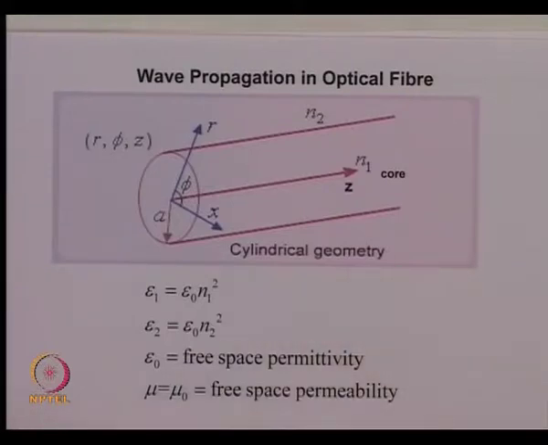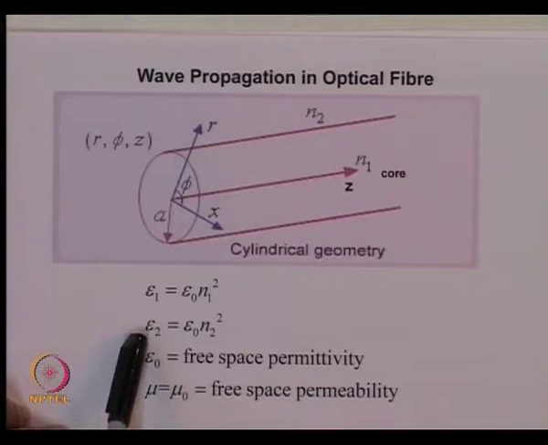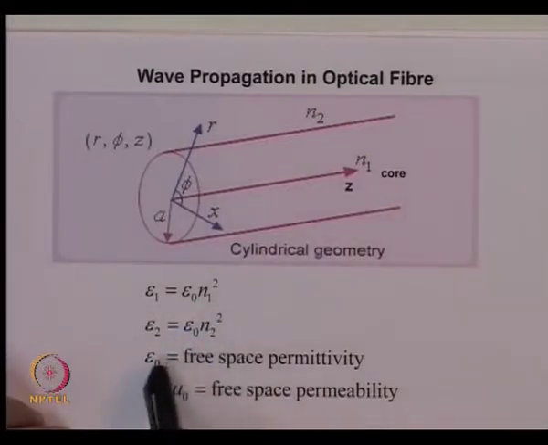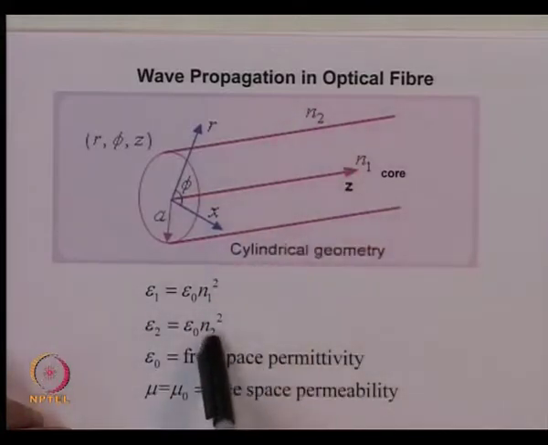When we analyze wave propagation, normally we write the wave equation in terms of the permittivity and permeability of the medium, and that is the reason we write here epsilon 1, which is the permittivity of medium 1, which is the core, equal to the permittivity of free space, epsilon 0, multiplied by the square of the refractive index of the core, N1. Similarly, we have the permittivity of medium 2, which is the cladding, equal to the permittivity of free space multiplied by the square of the refractive index of the cladding, N2.